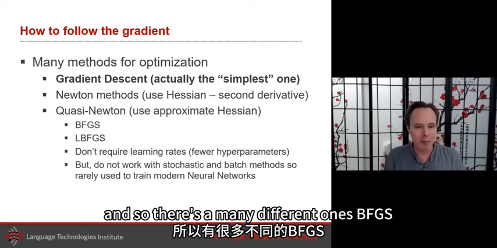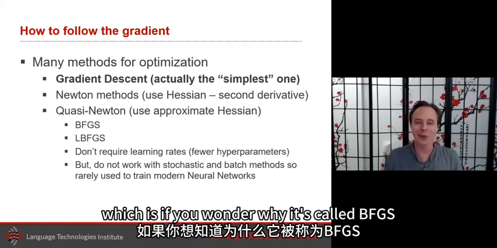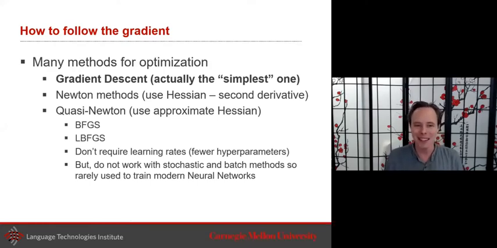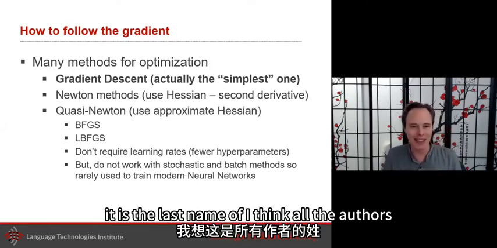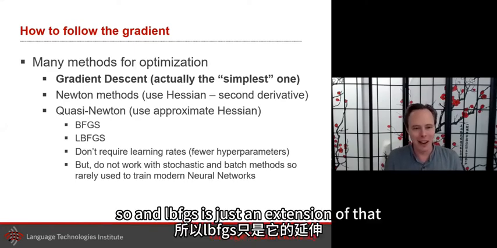And so there are many different ones, BFGS, which, if you wonder why it's called BFGS, is the last names of, I think, all the authors. And L-BFGS is just an extension of that.